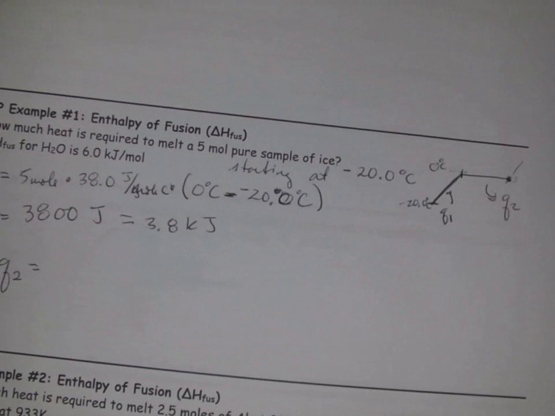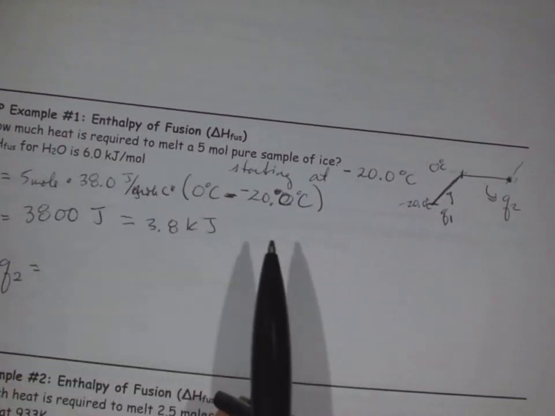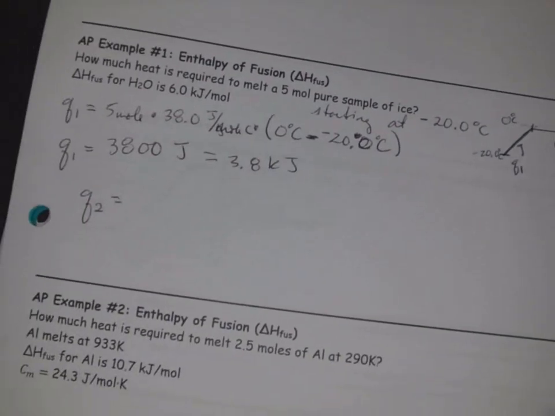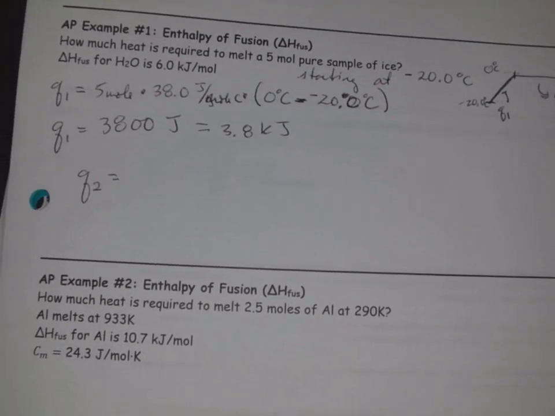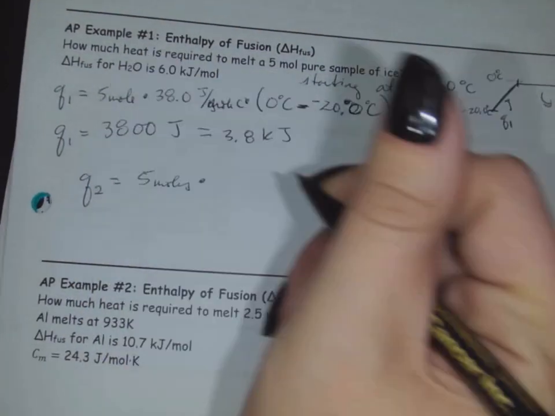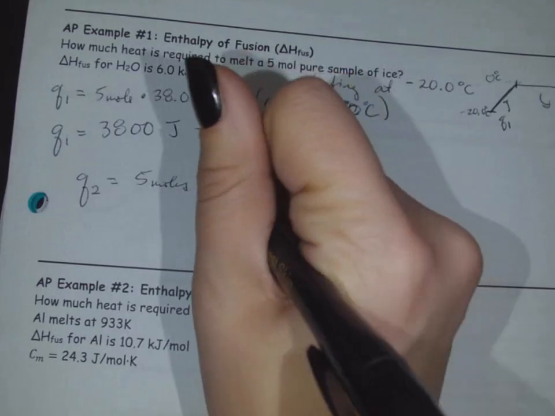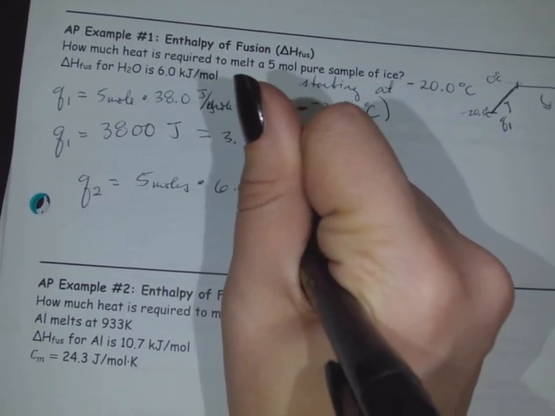And I'm going to use a positive of this number because I'm melting. I'm gaining energy. I'm going from the solid to the liquid. So I'm going to take the amount of moles, which was 5 moles, and I'm going to multiply it by the delta H of fusion, which is 6 kilojoules per mole.